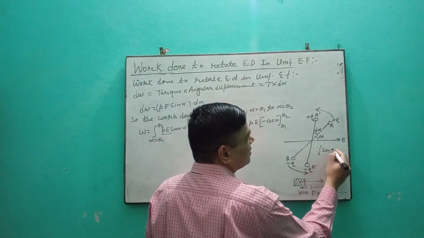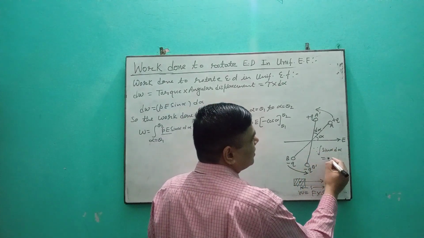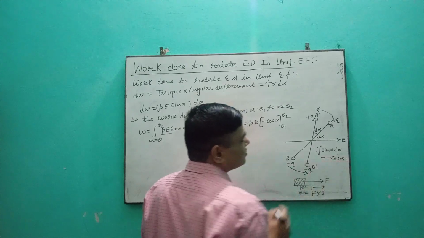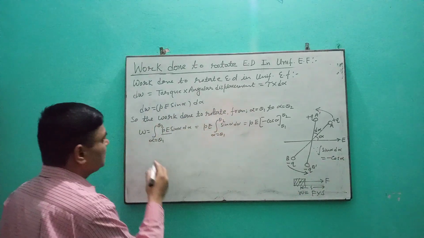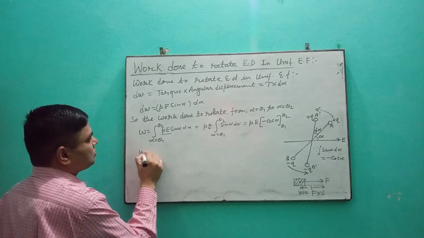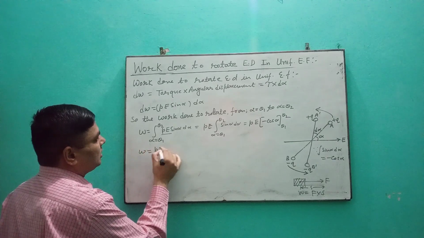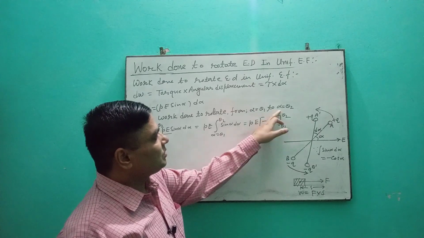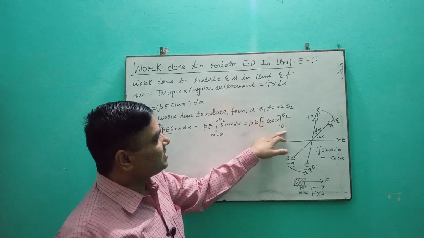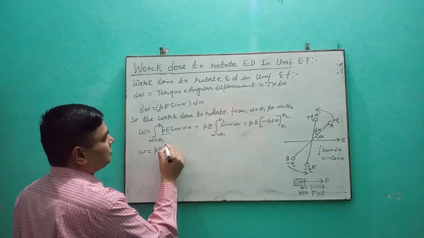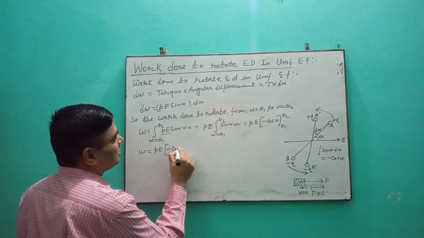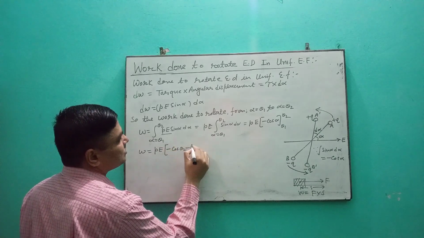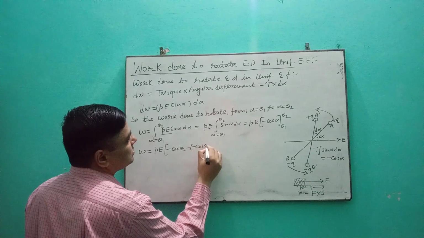Integration of sin alpha d alpha is equal to minus cos alpha. So W is equal to P into E. First of all, we have to take alpha's upper value as theta 2 and the lower value as theta 1. P E into minus cos theta 2 minus minus cos theta 1.